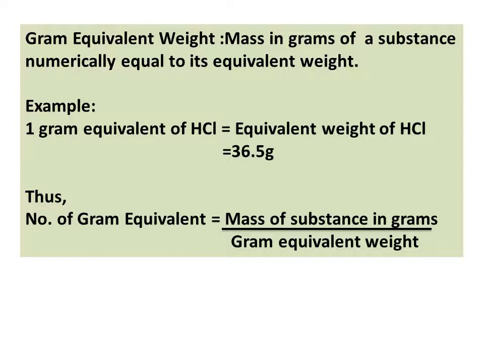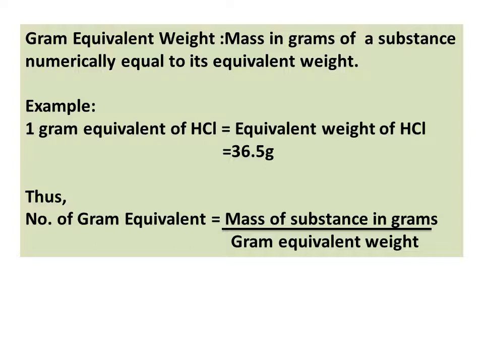So there is a new term, gram equivalent weight. Let us understand what gram equivalent weight is. It is nothing but mass in grams of a substance numerically equal to its equivalent weight. Let us take an example of HCl. We have already calculated the equivalent weight of HCl, and that is 36.5 grams.